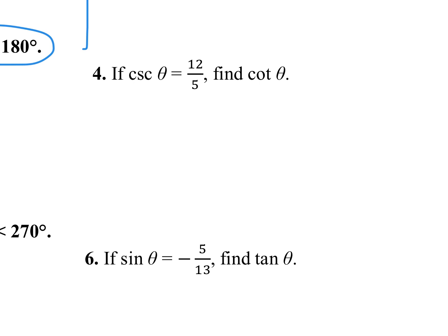Number 4, we are still in quadrant 2. Cosecant is the reciprocal of sine, and sine is opposite over hypotenuse, so this is hypotenuse over opposite.